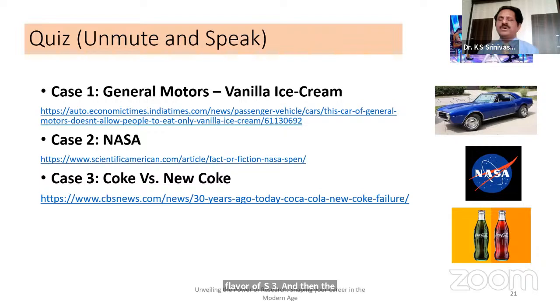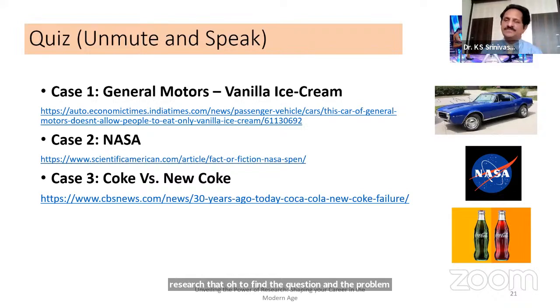So the question posed by the customer to the company was whether, by any chance, the General Motors car, a specific brand name they mentioned, is allergic to vanilla ice cream. Is it not great research? To find the question, the problem and the answer, they have done great research. The link has been provided there.